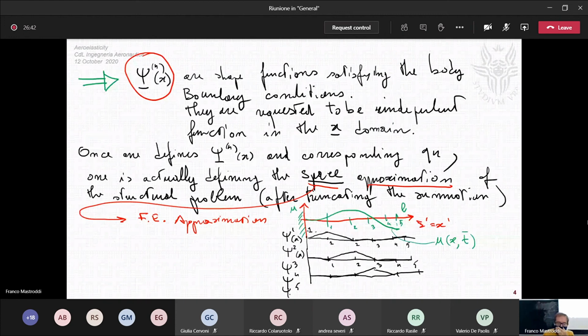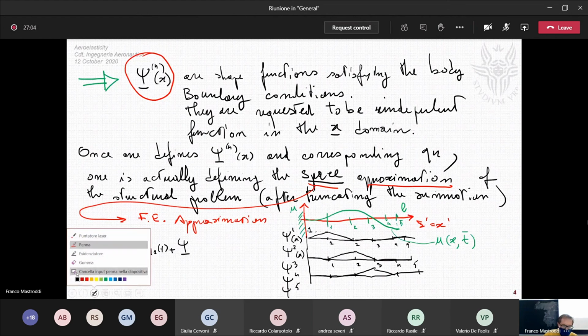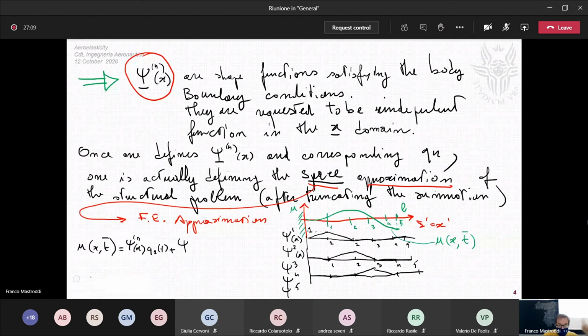Now the question is, what about u(x) at the time t bar when you combine and sum psi1, you know psi1 now, by q1(t) plus psi2, which at the moment is not a vector but a scalar-valued function of x, by q2(t) plus the others.